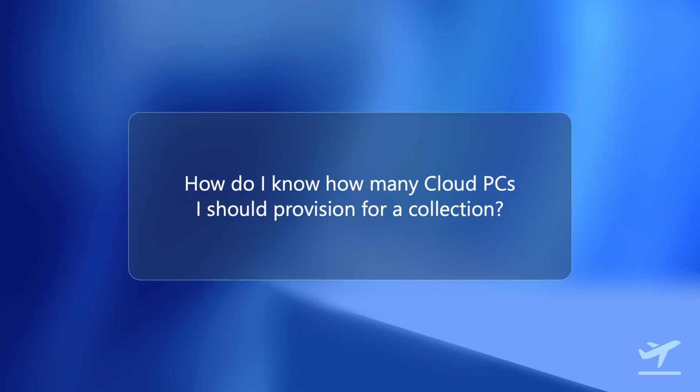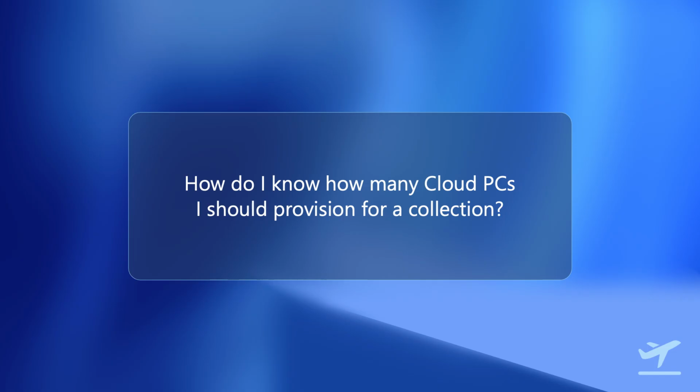And so a good example would be if you had a training lab that had 30 physical endpoints, it's probably a good idea for you to have 30 shared Cloud PCs. And that's a good place to start. And you can adjust as you go based on your reporting capabilities and your users' need.